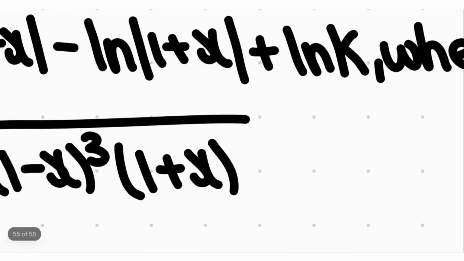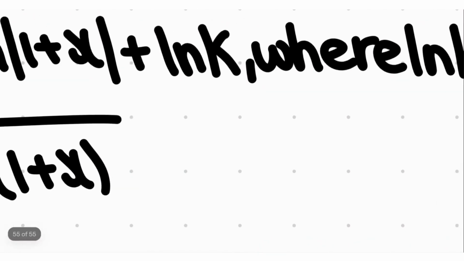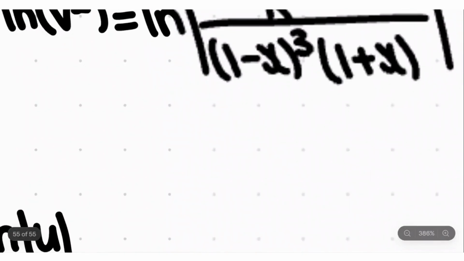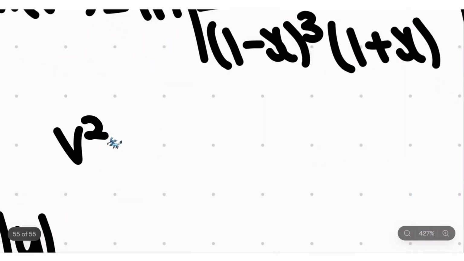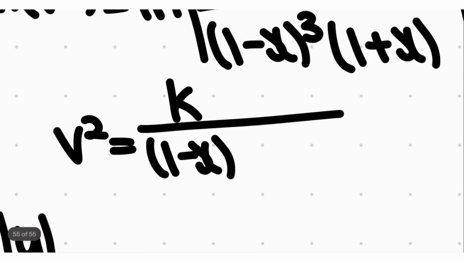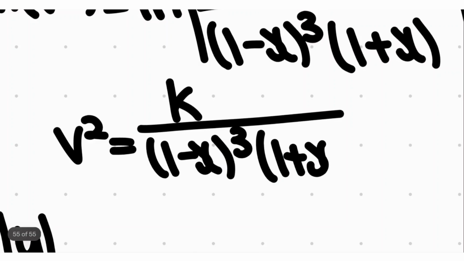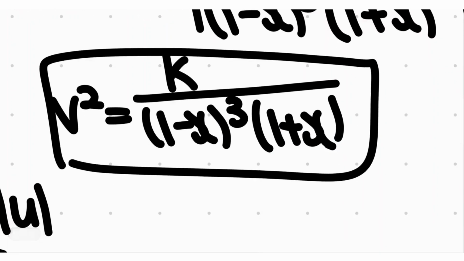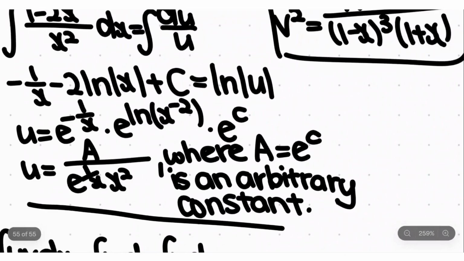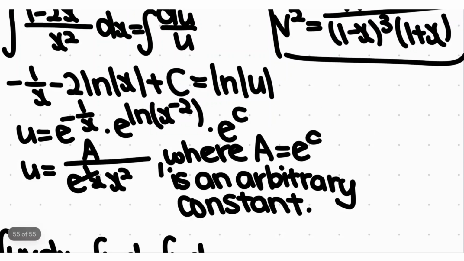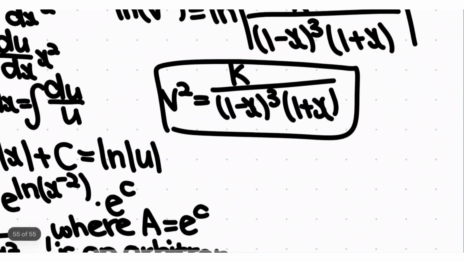And so formally writing our answer for v, we get v squared equals k over (1 minus x) cubed times (1 plus x). And that is our answer for v squared. And this is our answer for u. That's pretty ugly. Okay. Yeah, so we are done.